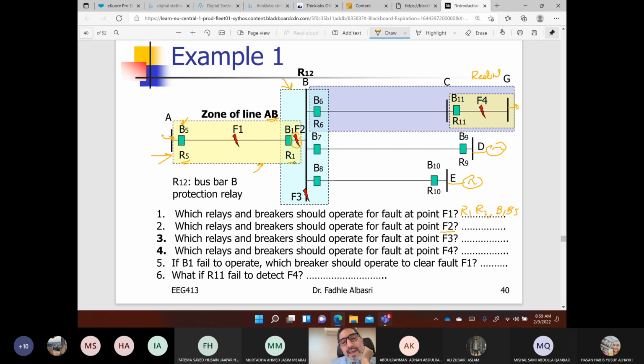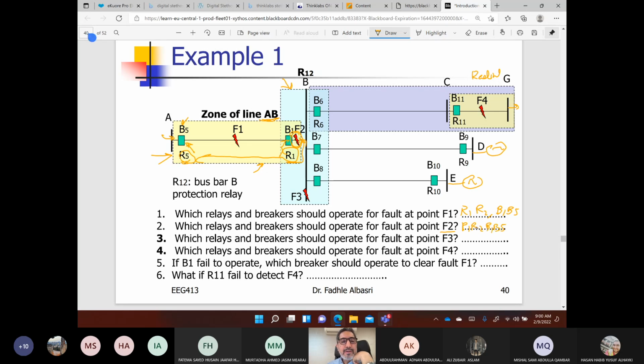So this relay will detect this fault within the yellow zone, because the CT of this relay is here. It will also inform this one, oh, this fault is within our zone of protection, so you should also operate. So it will also give a command to R5 to open breaker 5. So in this case, also R1, R5, breaker 1, breaker 5.